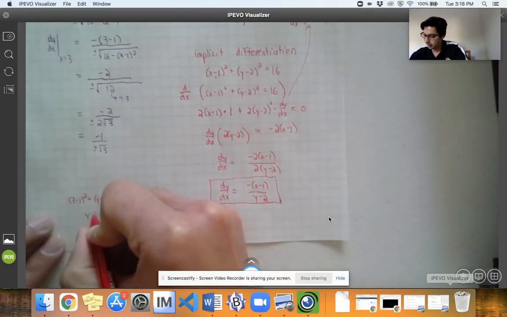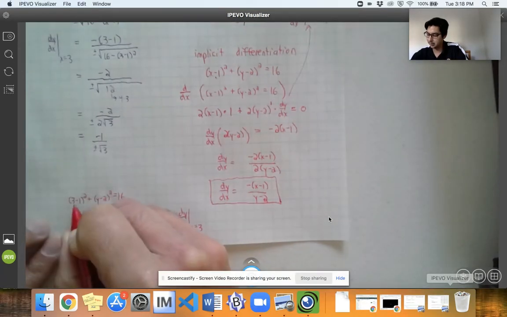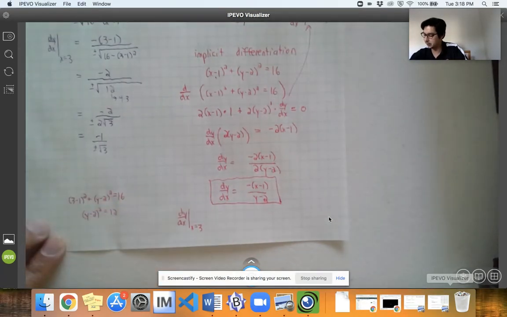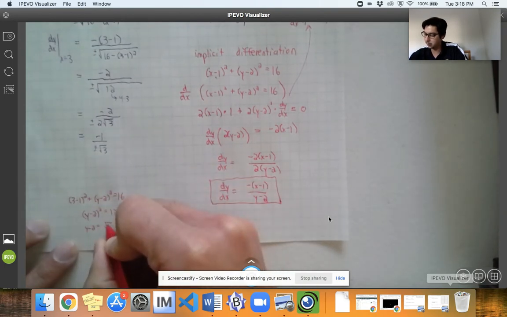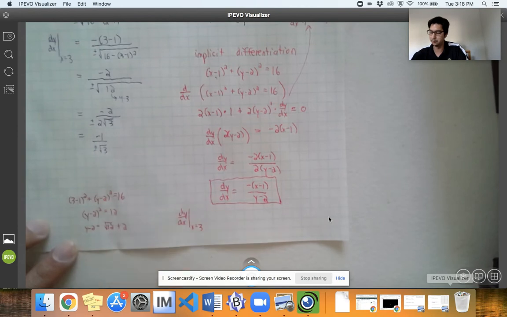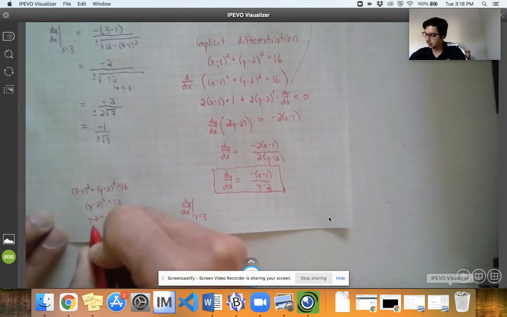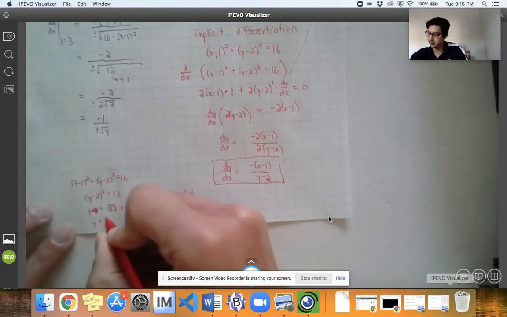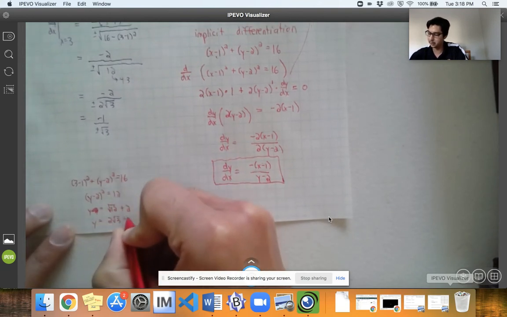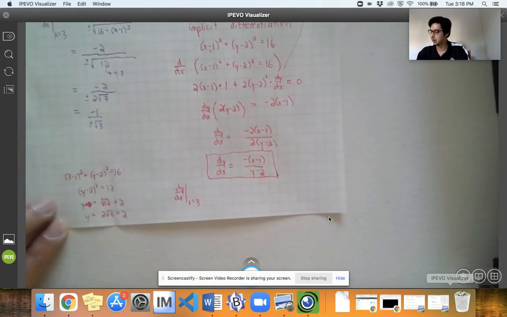So we'd have (y - 2)^2 is equal to 12, if you subtract that 4 over to the other side. Then y - 2 equals the square root of 12, and I would add the 2 over, and I can break down the square root of 12 as 2 root 3, plus 2. Good. So there's my y value.